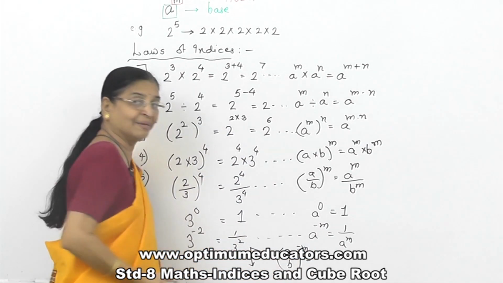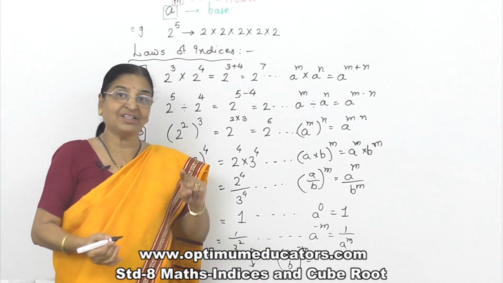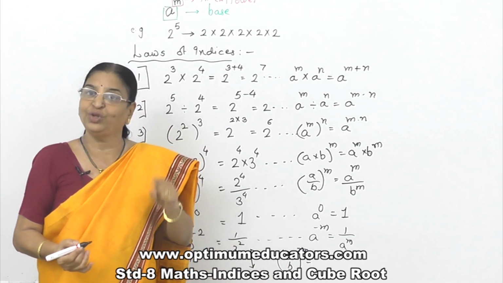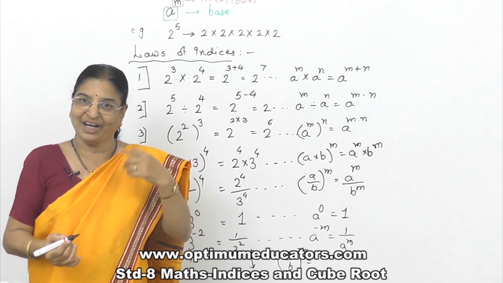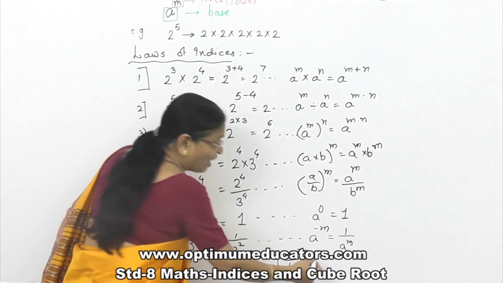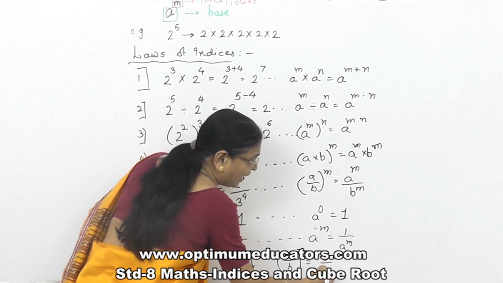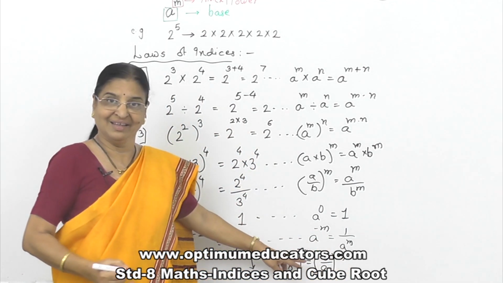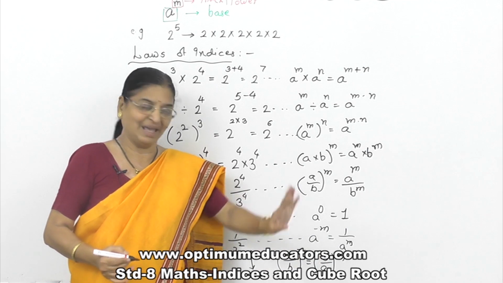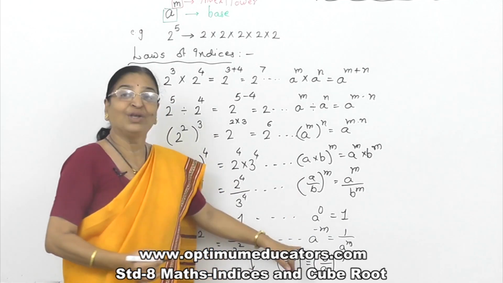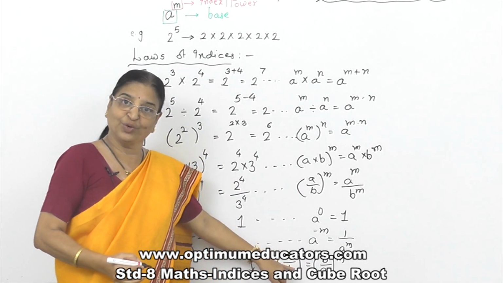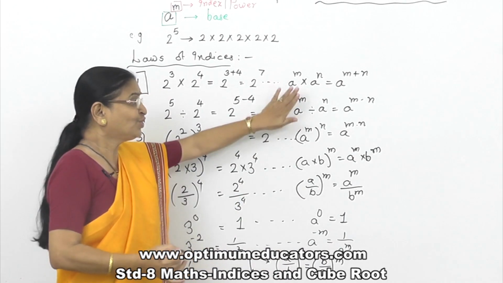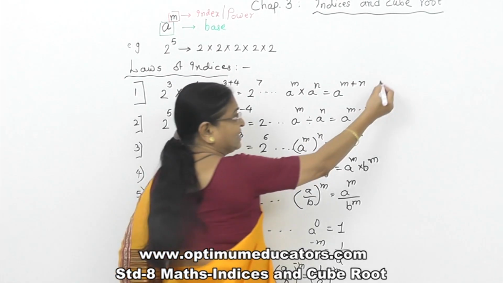What will I write? I want to change the place, that is numerator to denominator, denominator to numerator. So I will change it to b upon a, and now I can change its sign, minus m to plus m. So here also you can get one important note for that. Okay, so these are some indices.